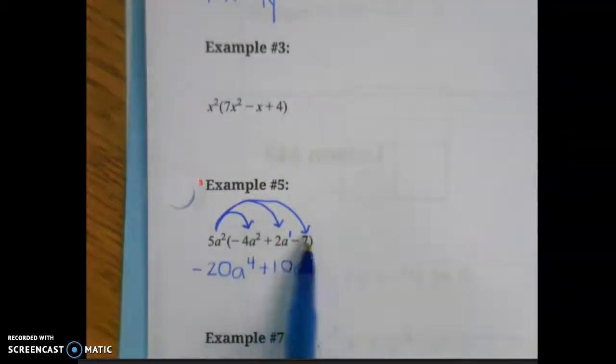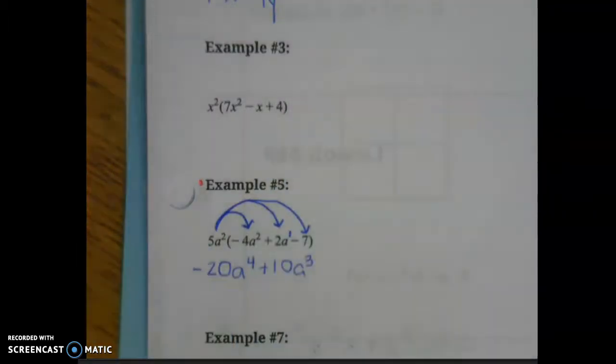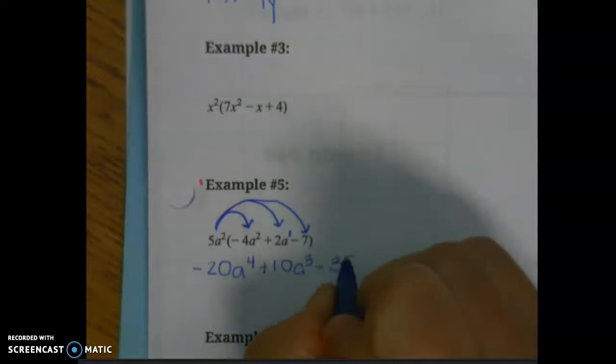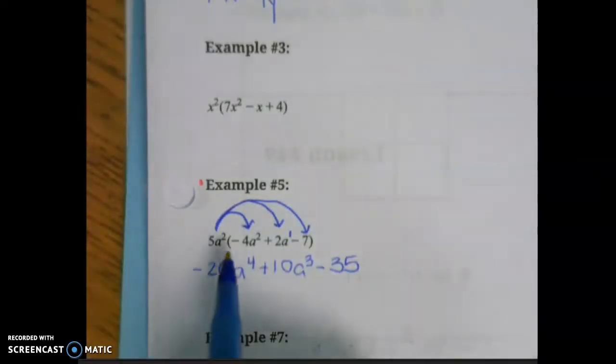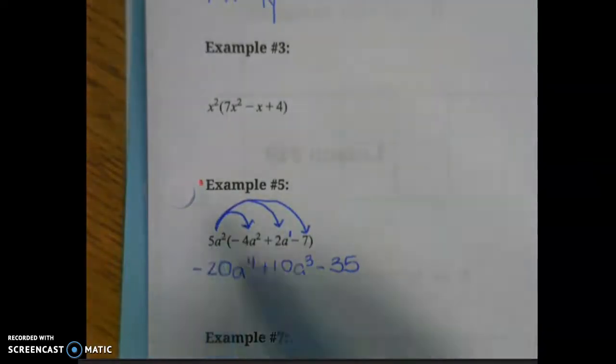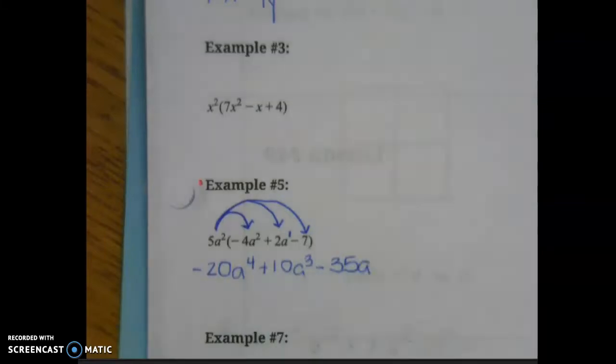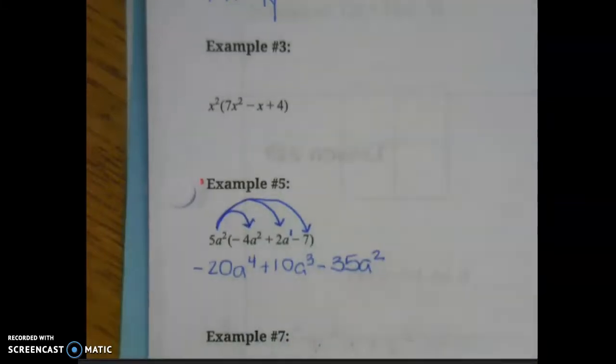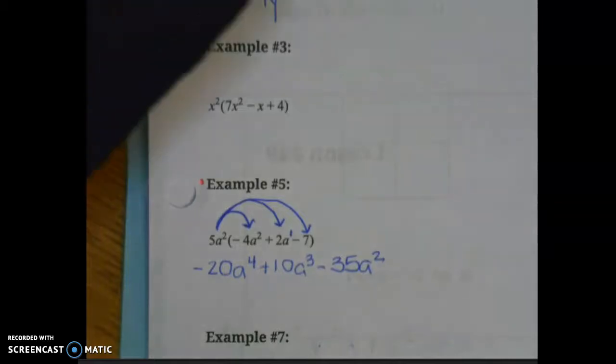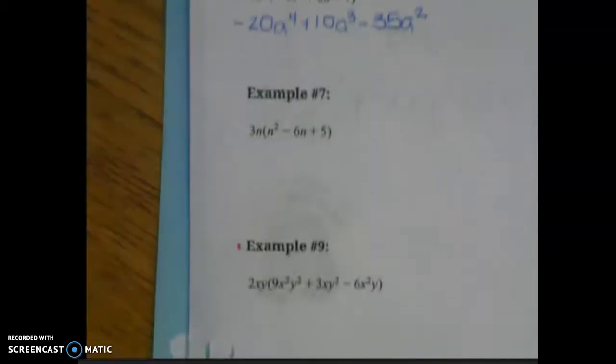So you multiply 5 times negative 7, which is a minus 35. And then this term doesn't have any variable, so I'll just bring down the variable with the exponent from this first term, or monomial in front. And there's your answer. Okay, now we're going to skip down to example number 9.